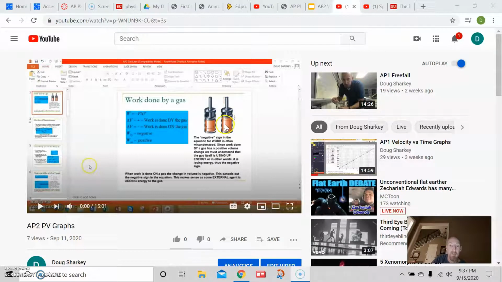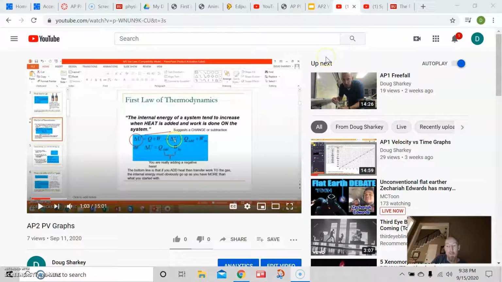The gas expands. If it gets hot, it can force the piston up. So we can talk about the gas doing work on the environment. We can also talk about the environment doing work on the gas. These conventions are causing problems. So when we talk about on or by, it's really the same thing. It just depends on whether you're talking about the environment or the gas itself.